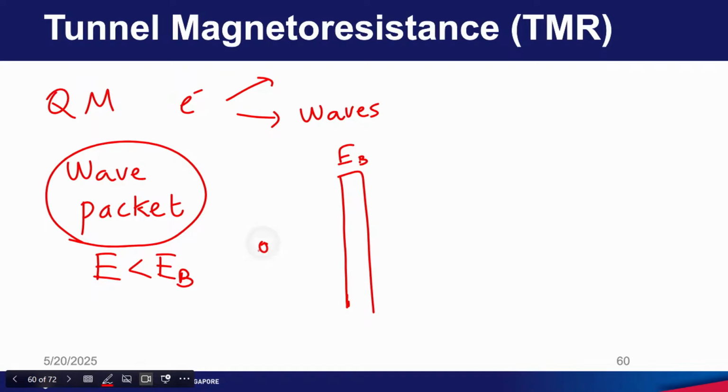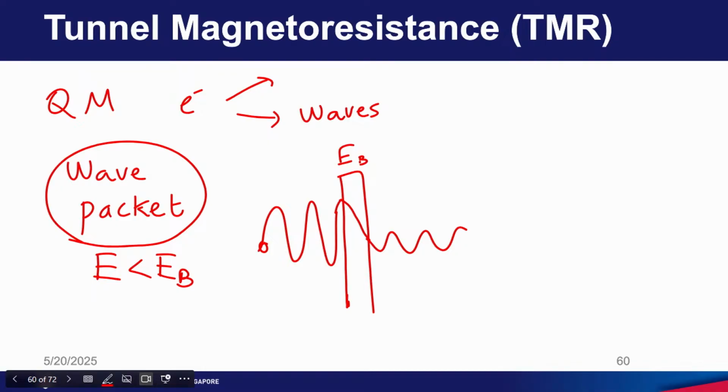So, there is a wave function associated with the electron, and you would have studied in your quantum mechanics that when you have a barrier like this, this wave packet will decay exponentially here, and there is a probability that the wave continues here.